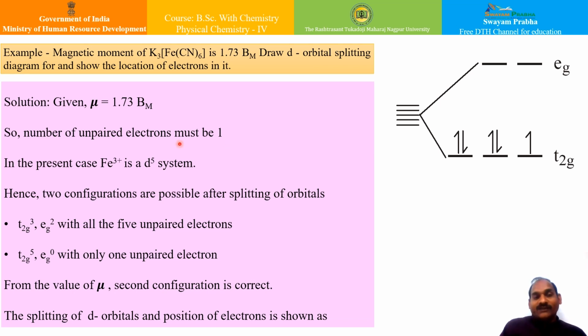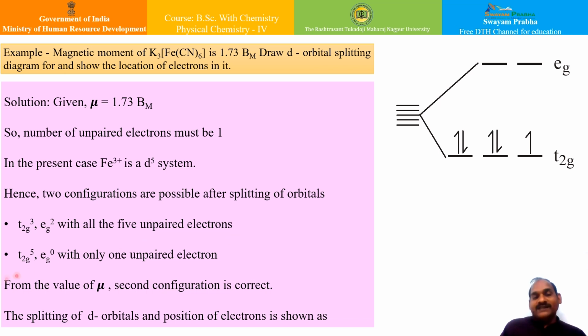Now the complex is of Fe3 plus, and Fe3 plus is a d5 system. It is very clear from this particular complex formula, and therefore we have got a d5 system, and we have got only one unpaired electron. So what can be the electronic configuration? Two configurations are possible after splitting of orbitals here. One is t2g3 eg2 with all 5 electrons unpaired.